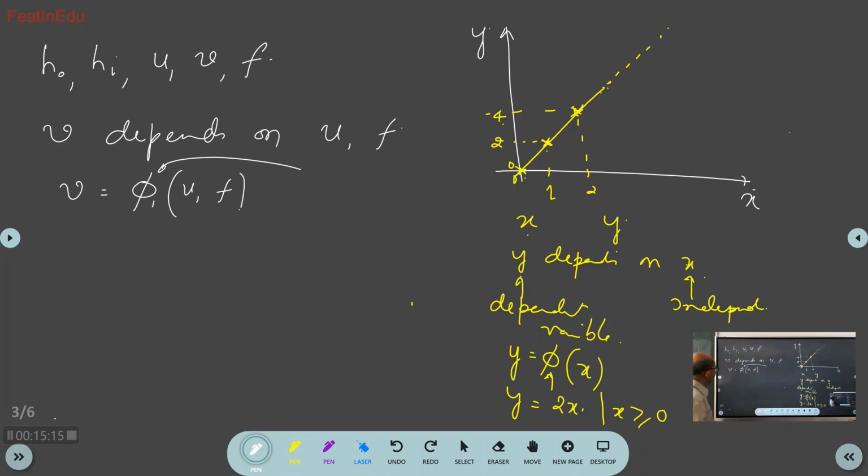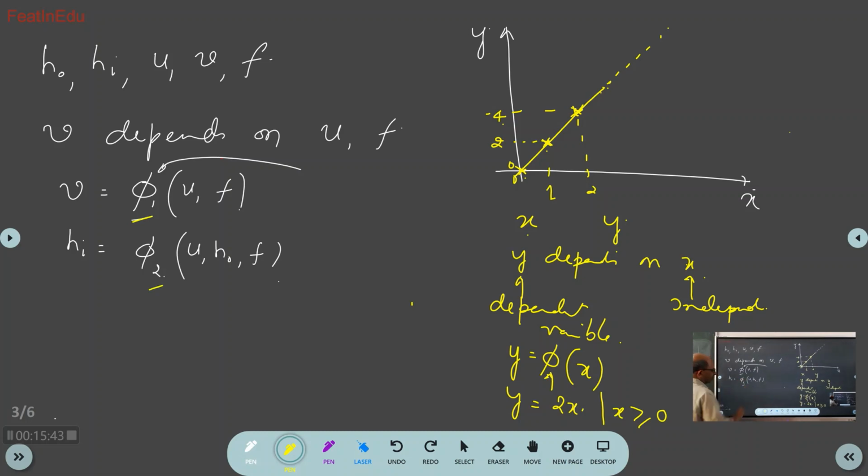Okay, now here you see, now I have got hi. What is hi? Height of the image. Height of the image depends upon the object distance, the height of the object itself, and the focal length. So this is another function, right? Name of another function. Now our job is to determine these functions.